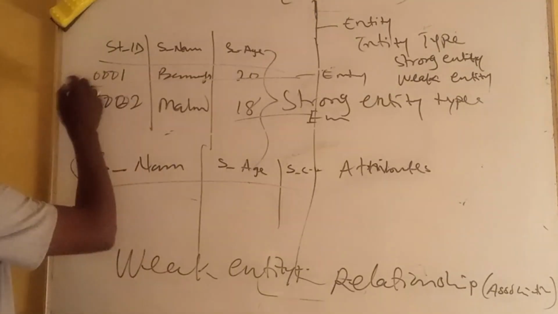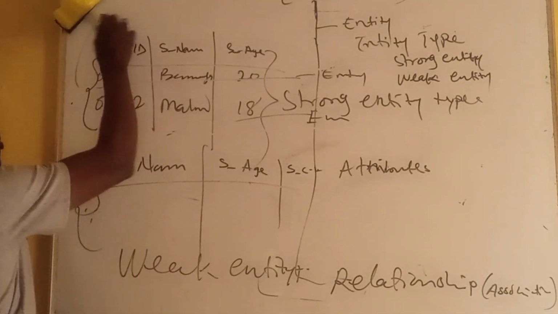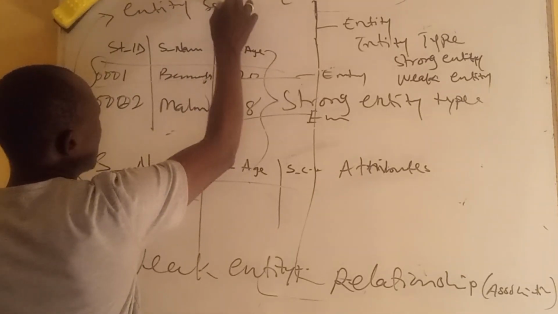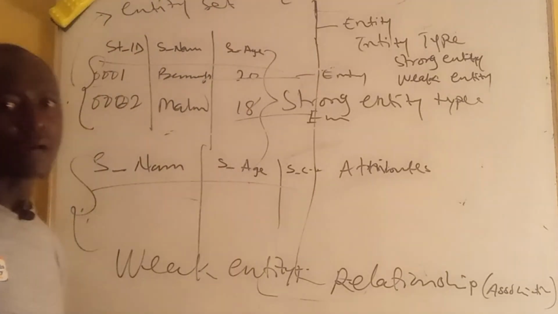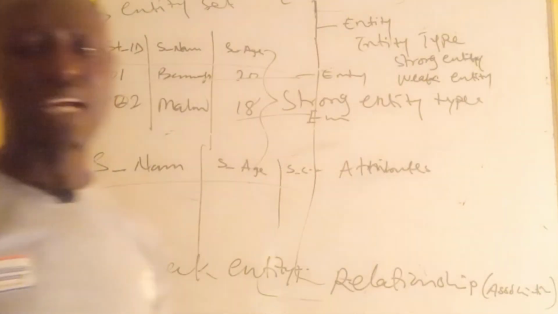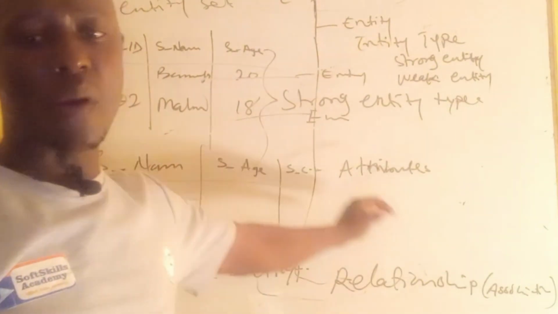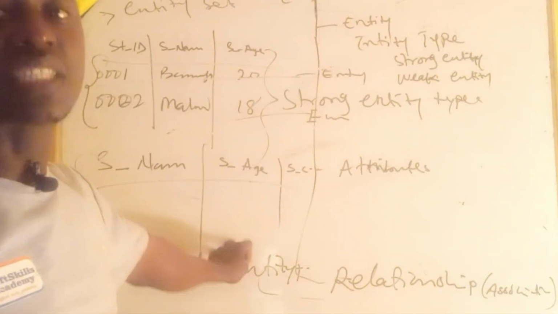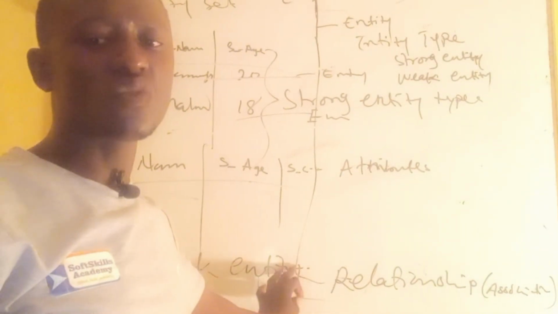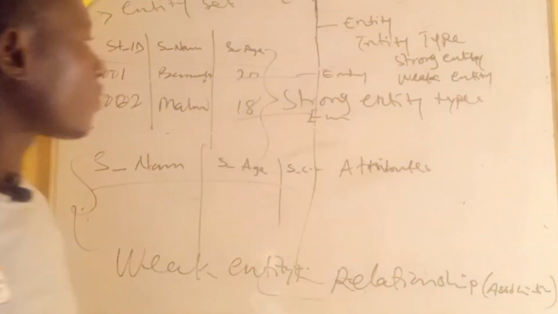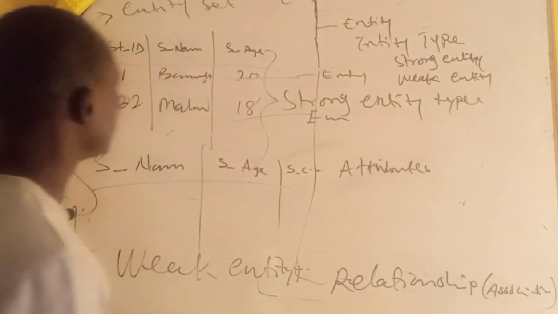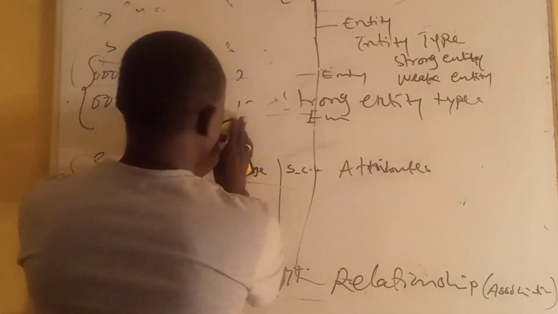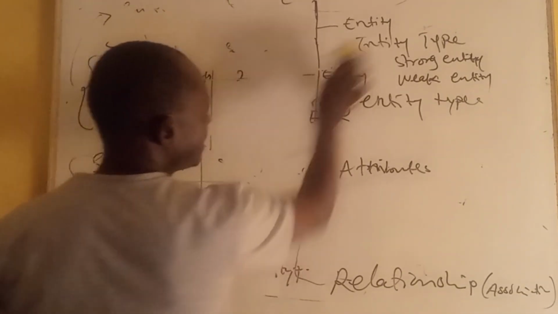And the whole of this is called an entity set. Are we together? So this is how we regard our entity. The second one is a weak entity because it doesn't contain a primary key. So I believe we don't have any issue regarding this entity.